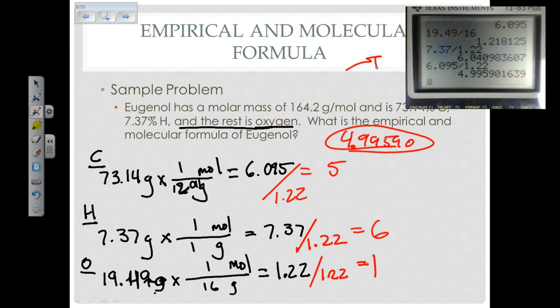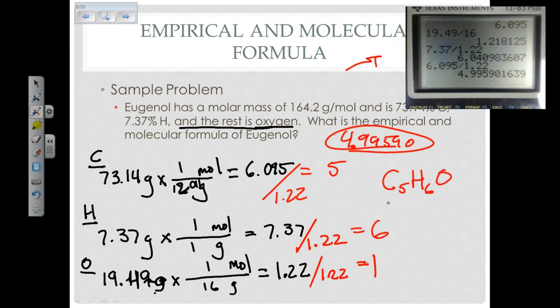Okay, so this is how you determine the empirical and molecular. Oh, wait. I'm jumping the gun here. So this is going to be C5H6O. Okay, but now we need the molecular formula.